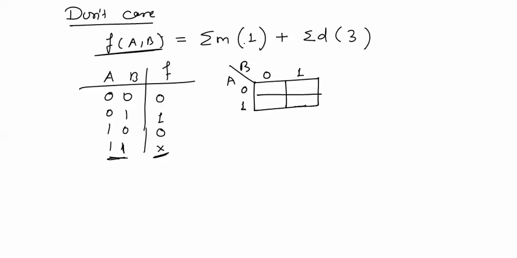For the first combination it will be 1. For the third combination it will be don't care. For the other two combinations it will be logic 0. Now in the K-map this don't care can be used as logic 0 or logic 1.